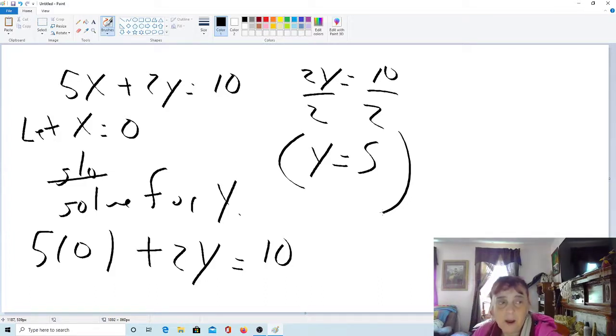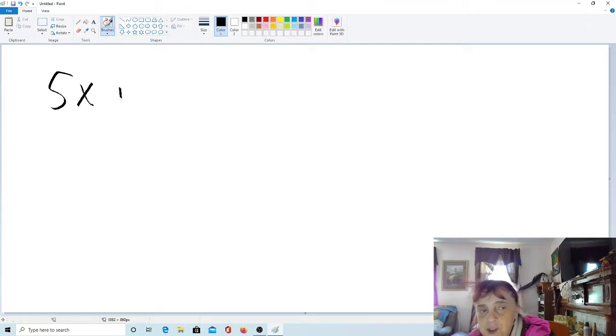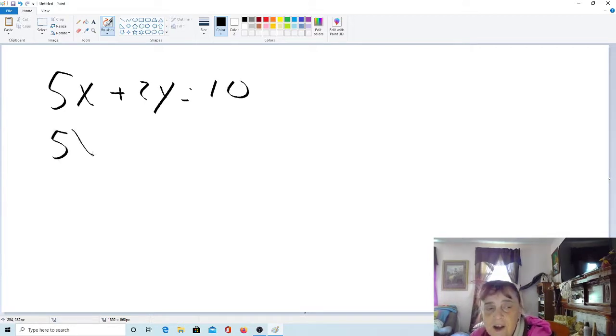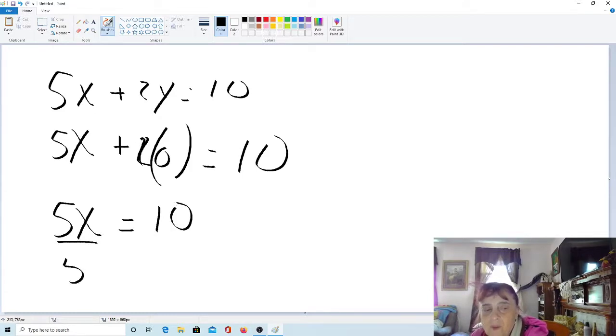Okay, now you also have 5x plus 2y is 10. Let y equal 0, solve for x. 5x plus 2 times 0 equals 10. 5x is 10. x equals 2.